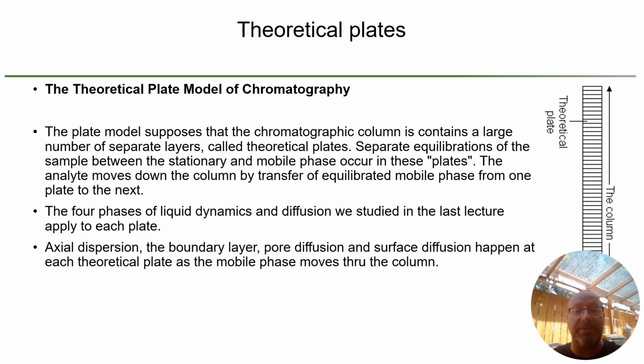Separate equilibrations of the sample between the stationary and mobile phase occur in these plates. So all those diffusion phases that we talked about in the last lecture occur through each one of these plates independently as your mobile phase moves across the stationary phase of the column. The analyte moves down the column by transfer of equilibrated mobile phase from one plate to the next.